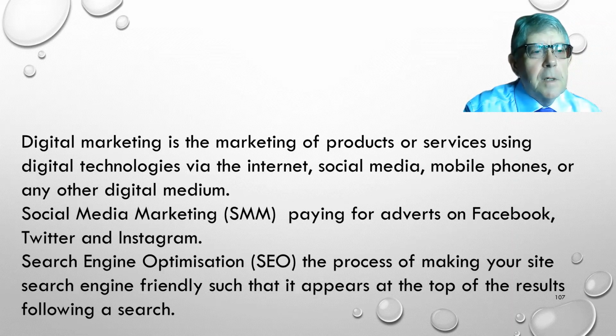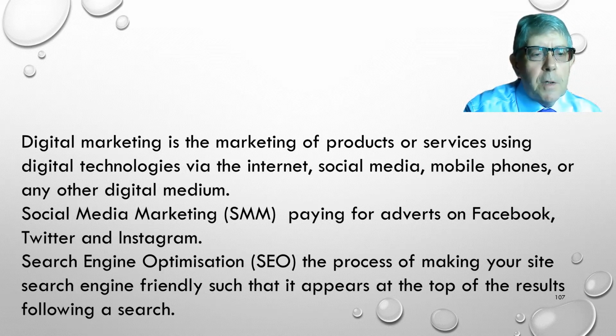Marketing. Digital marketing is the marketing of products or services using digital technologies via the internet, social media, mobile phones, or any other digital medium. Social media marketing, SMM, is paying for adverts on Facebook, Twitter, and Instagram.